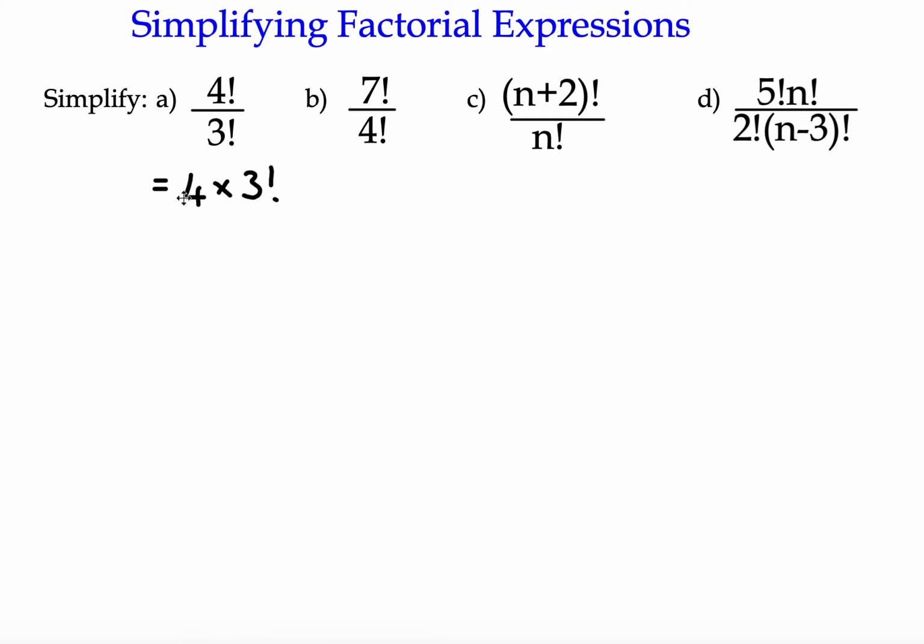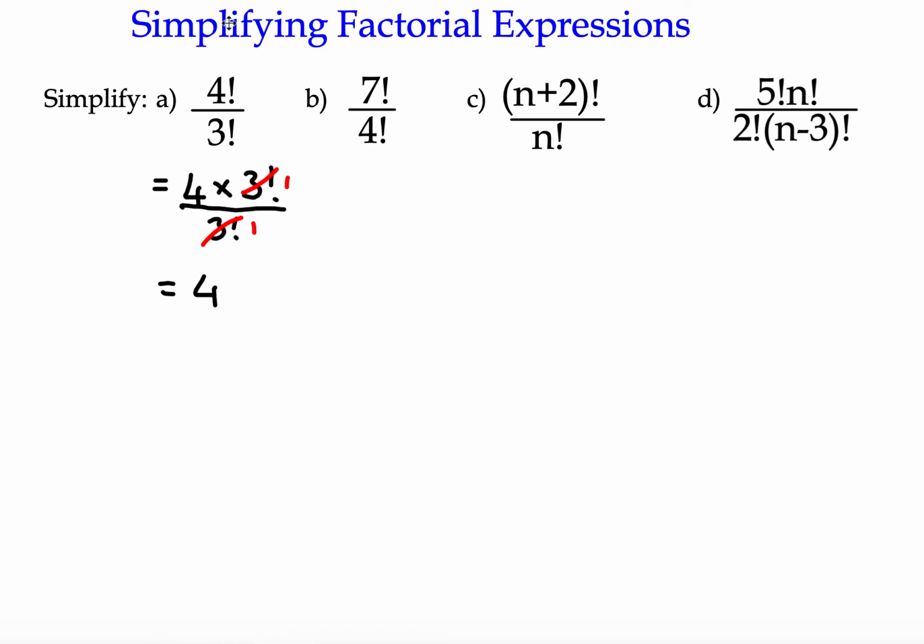So in other words, 4 factorial is just 4 multiplied by 3 factorial, divided by 3 factorial. Now, it stands to reason that 3 times 2 times 1 is a factor in the numerator and in the denominator, so we can divide through by that, which leaves us effectively with the number 4. So the answer to that is 4.